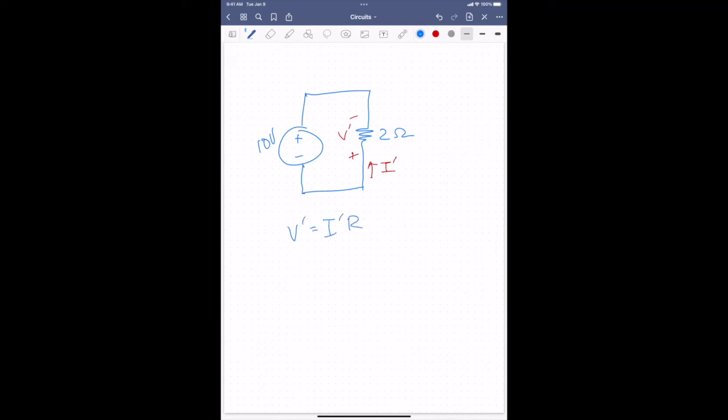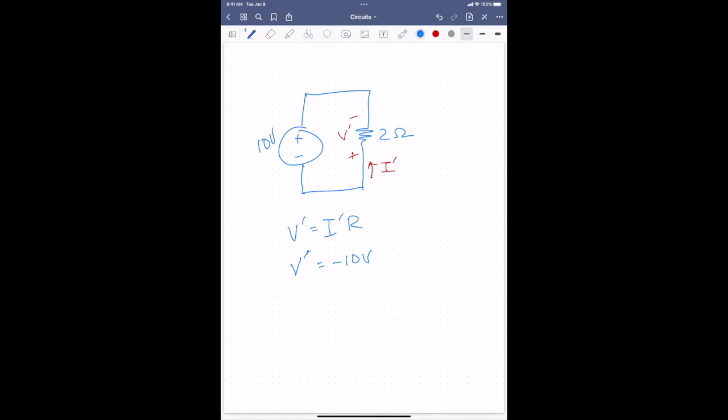So what is V prime? We know that V prime is going to be the voltage from here to here, which is the same as the voltage from here to here. And so that's going to be minus 10 volts. Notice that the sign actually tells you the direction of the voltage. So now let's use Ohm's Law.